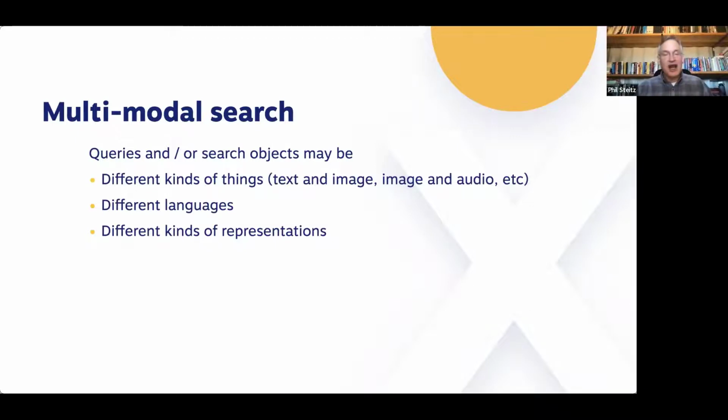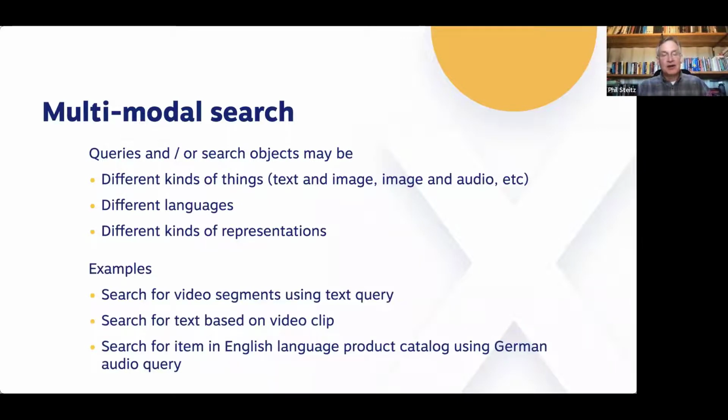It doesn't really matter. As long as we've got representations and we can index them together, we can drive the search. So: looking for video segments using a text query, looking for text based on a video clip, searching for an item in an English language product catalog using a German audio query. All of that is possible with multimodal search.